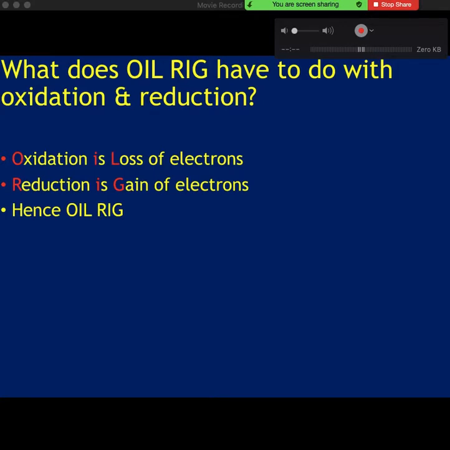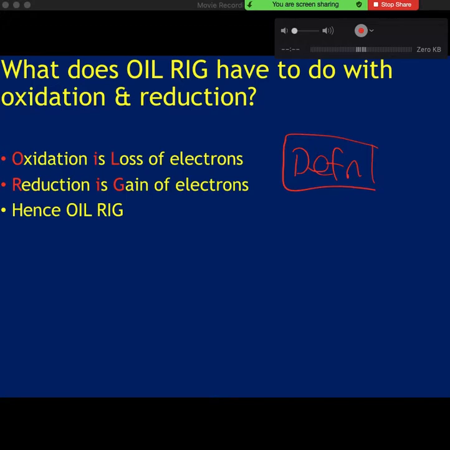Oxidation is loss, reduction is gain of electrons, and that's why we call it OIL RIG. This is a definition, and you will need to know it.